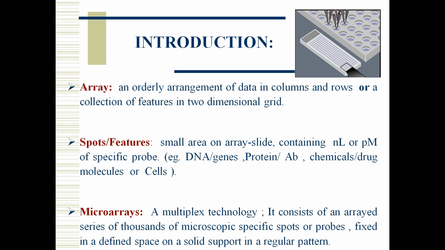Examples are DNA genes, protein antibodies, chemicals, drug molecules, or cells. A microarray is a multiplex technology. It consists of an arrayed series of thousands of microscopic spots of specific probes fixed in a defined space on a solid support in a regular pattern. That is the definition of a microarray.